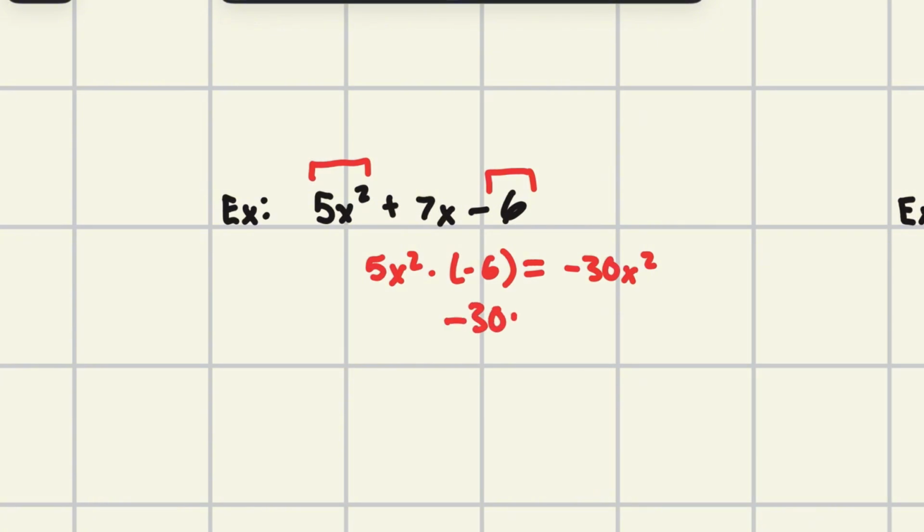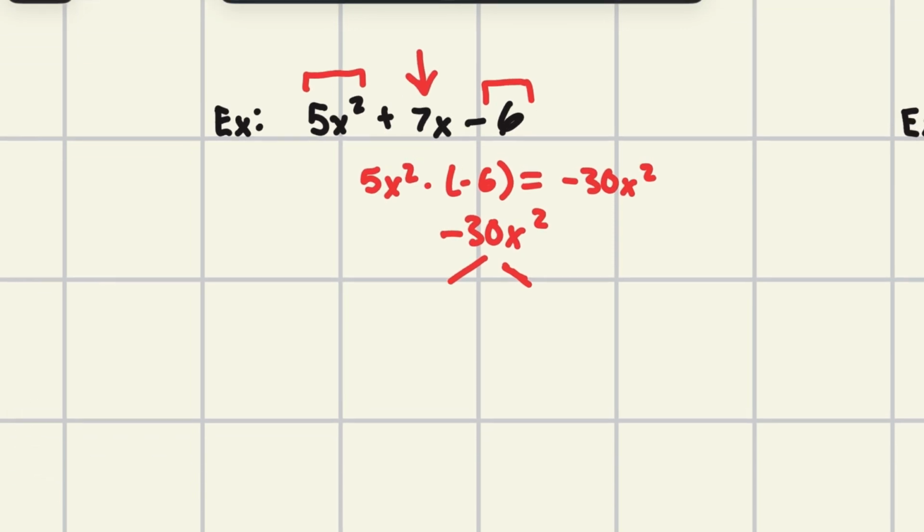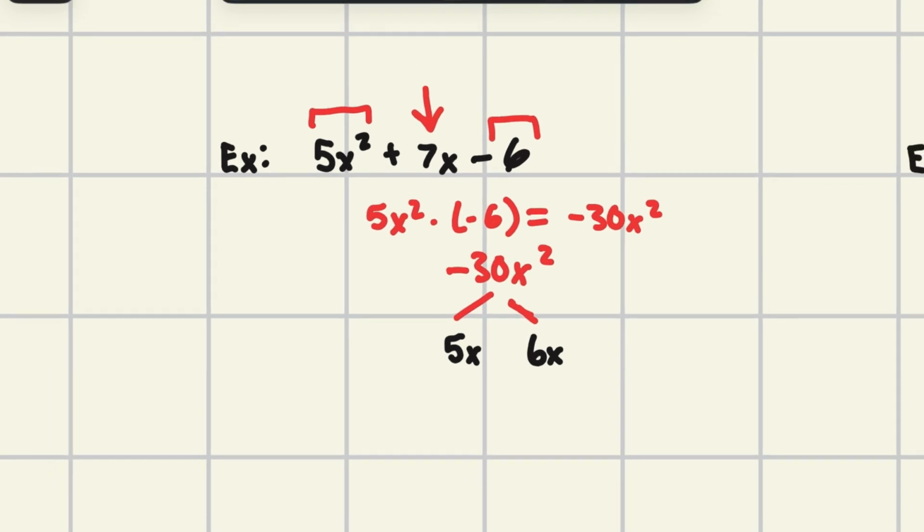So we need to find two values that give us negative 30x squared, but also add up to 7x. Let's go ahead and try 5x and 6x. Now let's not forget about the sign rules. This sign states that the first answer, aka the larger number, has to be a positive.